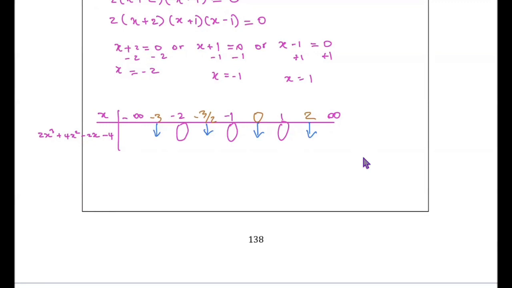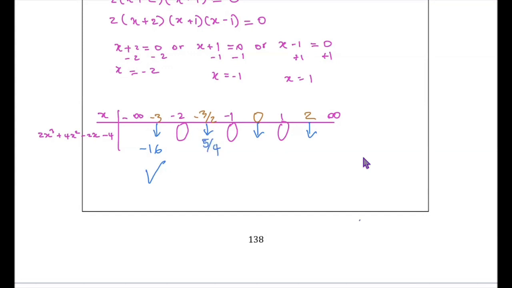Now, for the interval -infinity to -2, when I plug in -3, the value is -16, which is an acceptable value because I'm looking for when it's negative only. So we take this value. When I plug in -3 over 2, I find 5/4, which is positive.